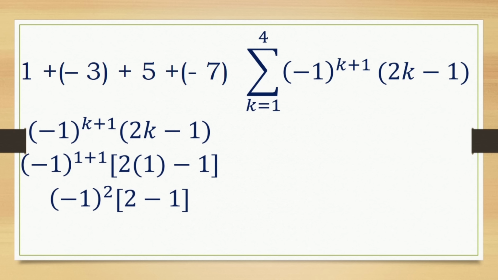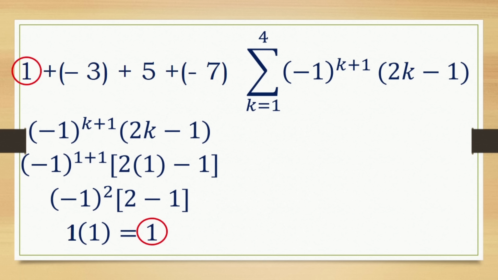So, let us solve. Magiging negative 1 raised to 2. And then, 2 times 1, that will become 2. And then, bring down minus 1. So, we will have negative 1 squared is positive 1. And then, 2 minus 1, that is also positive 1. So, 1 times 1 is equal to 1. Check natin. Okay, that is our first term.